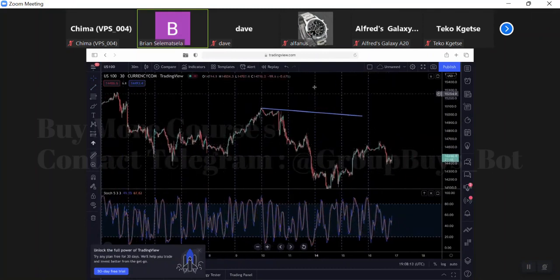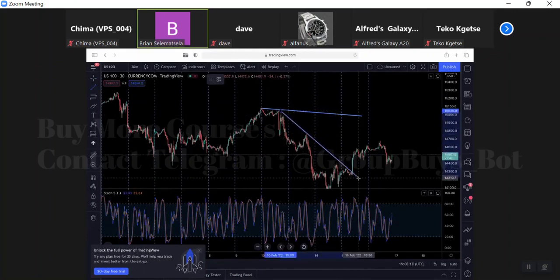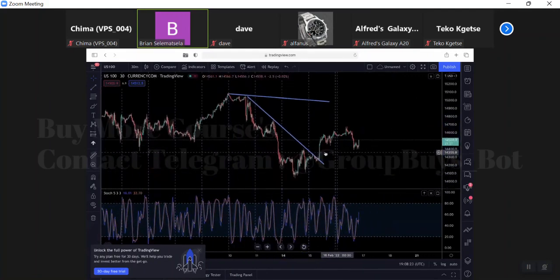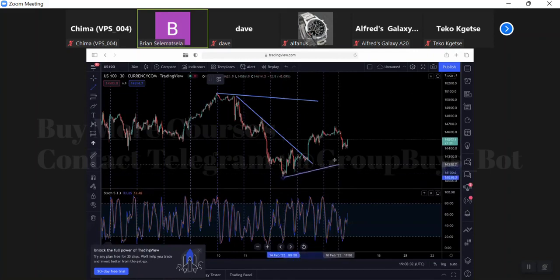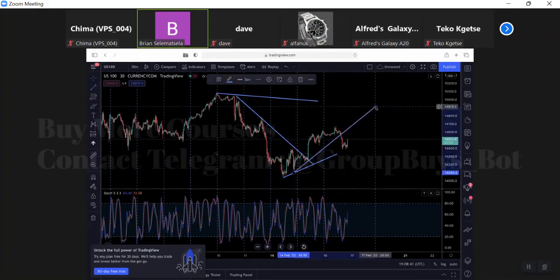And after that, there was a first layer that formulated when the market went up, but when we draw the same setup in the opposite direction, this is what happened.